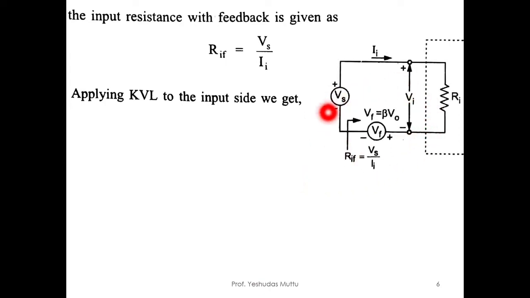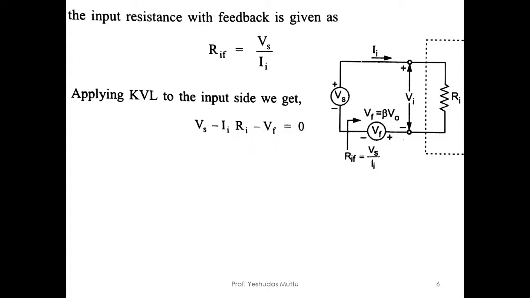Let me start from Vs. The current direction is this way, so it is going to be plus Vs minus II Ri minus Vf is equal to 0.